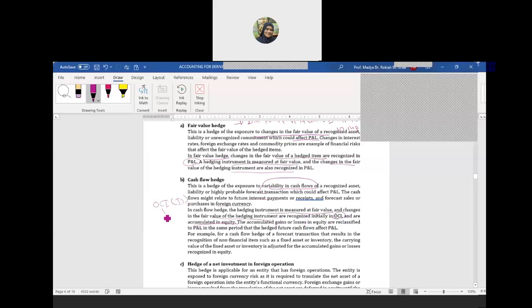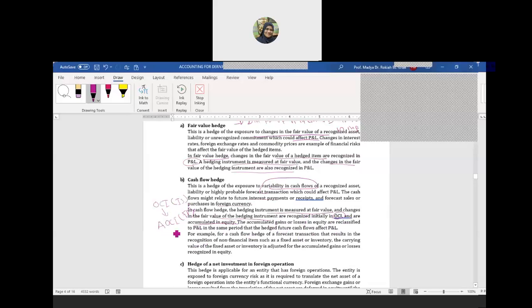And then from other comprehensive income, we transfer to accumulated other comprehensive income. This is an item in your statement of financial position. The accumulated gain or loss in equity is reclassified to P&L in the same period that the hedged future cash flow affects profit or loss.